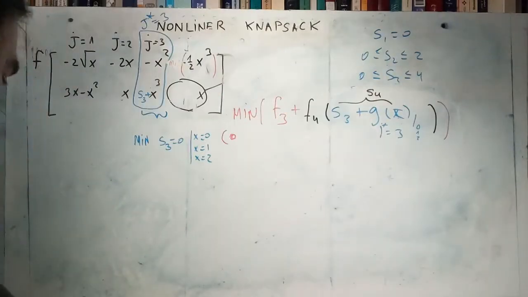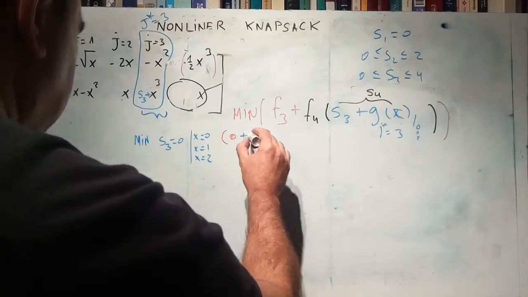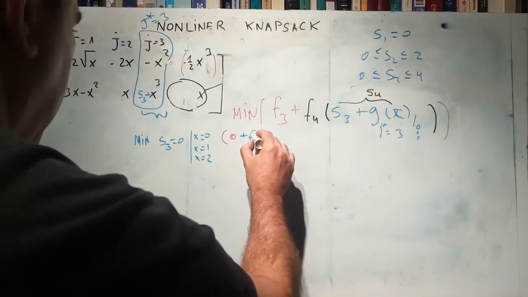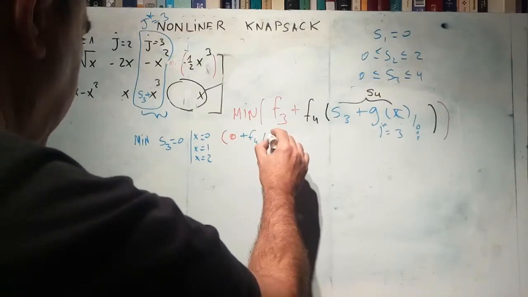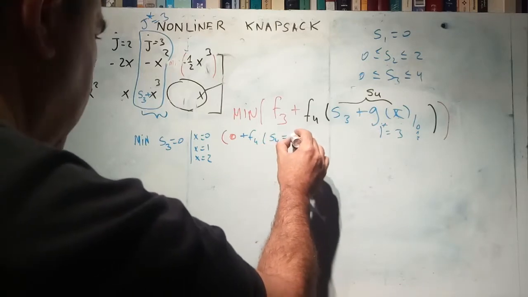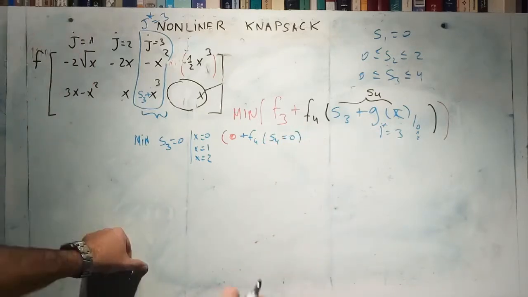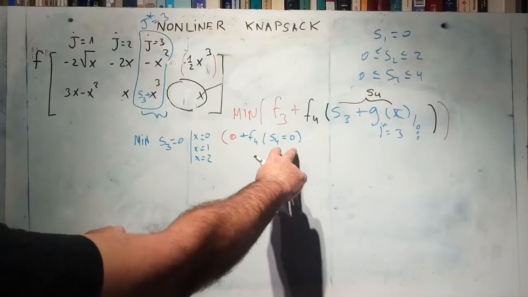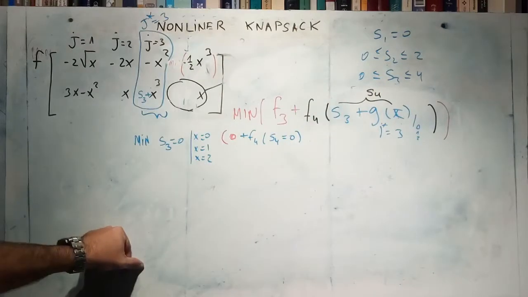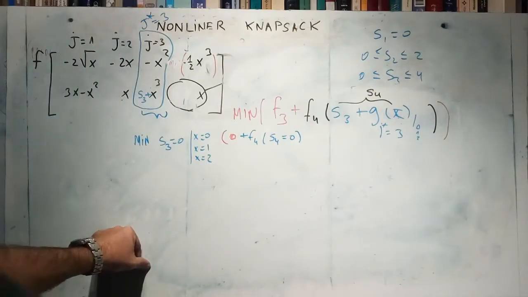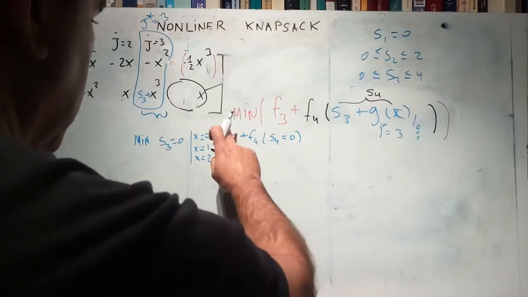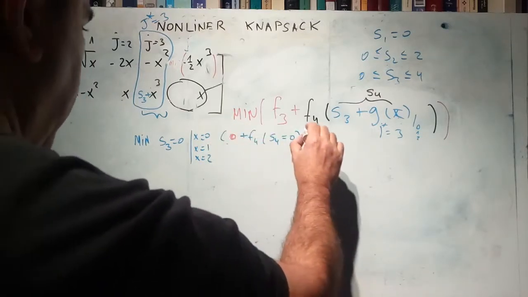And continuing in blue, plus f4 of s4 being 0, and now we'll be going to the value of s4 being 0 that I've just solved earlier, right? Okay.